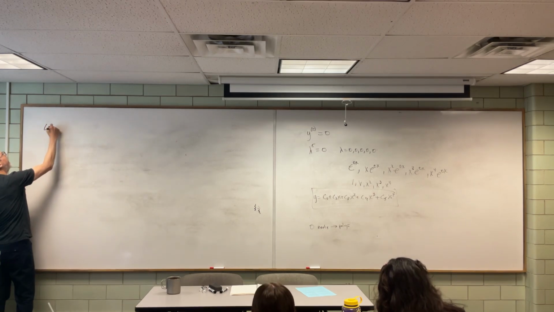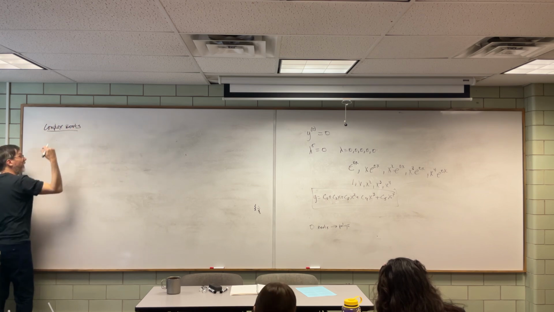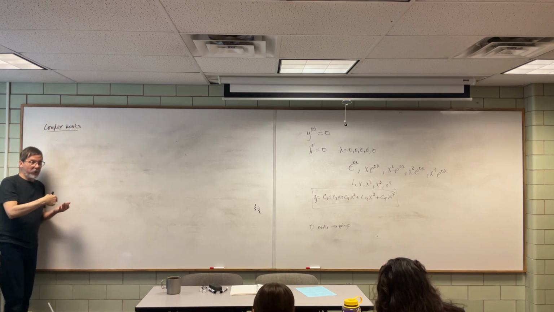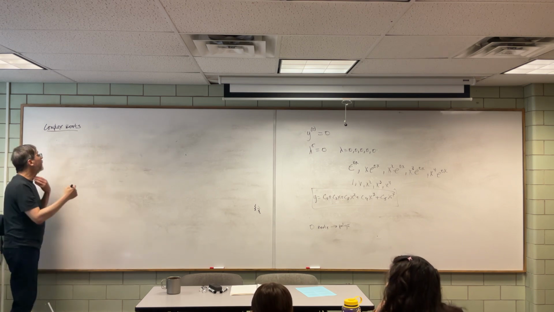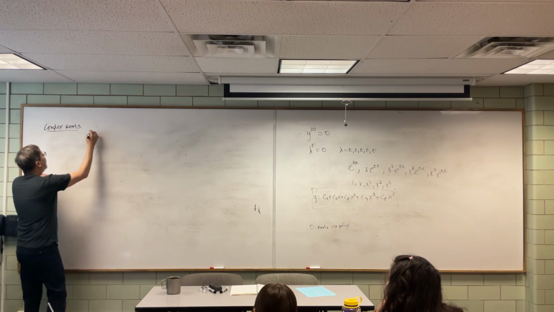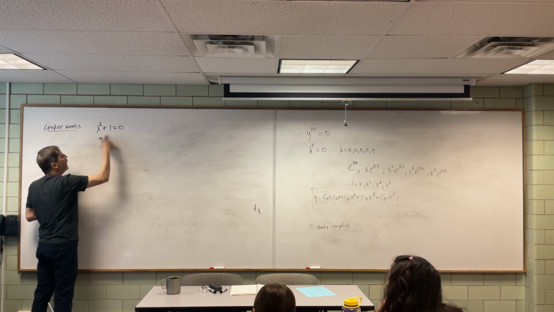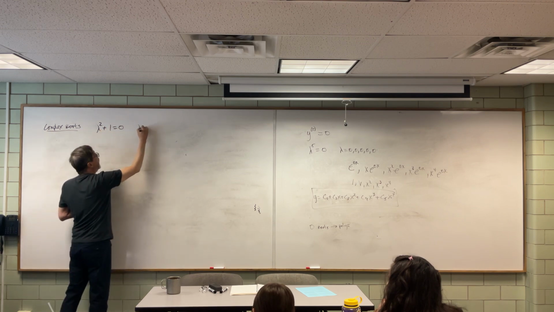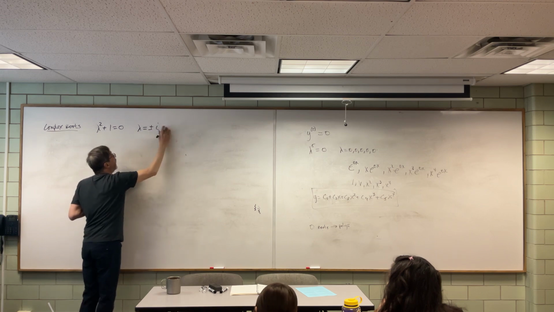So now let's do complex roots. We've got distinct roots, repeated roots, and this is the only other possibility left: complex roots. For example, I have something like lambda squared plus 1 equals 0. Then lambda equals plus or minus i, where i is the square root of -1.